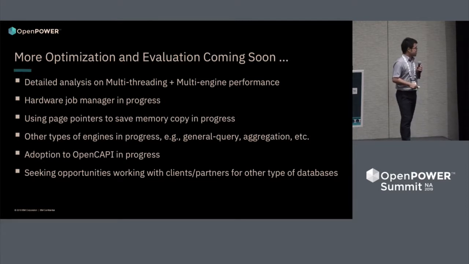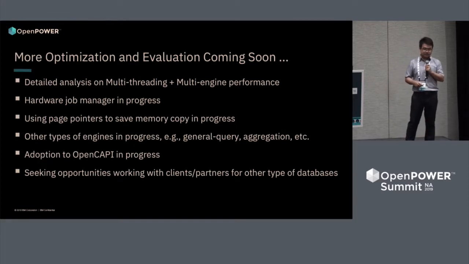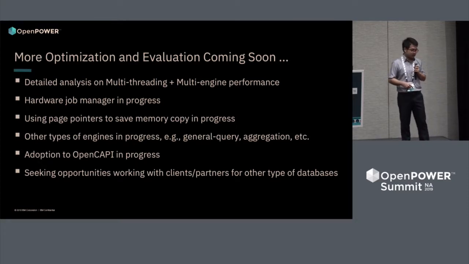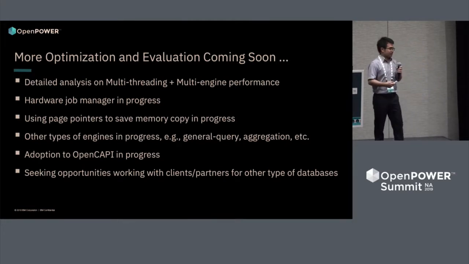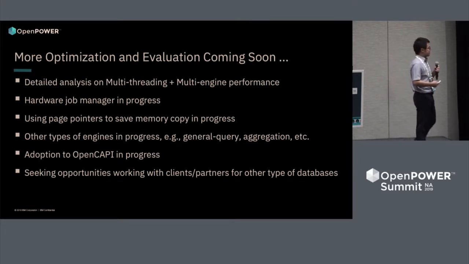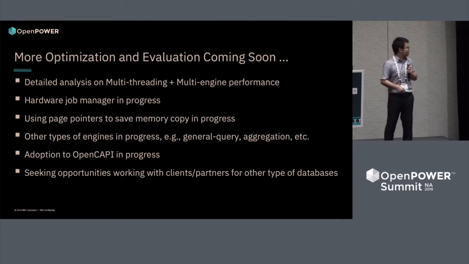And we are also seeking opportunities working with clients or partners for other types of database, because currently we only have the solution for Postgres. There should be other requirements for maybe MariaDB or MongoDB or any other type of database if the customers or partners are interested in it.